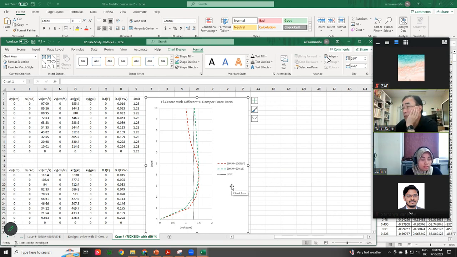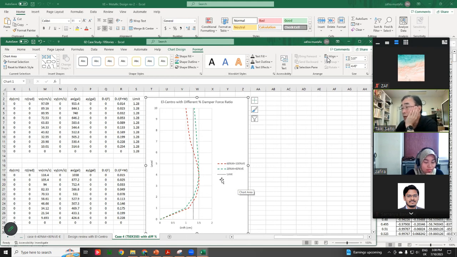So why did you reduce both? I have to maintain 100% viscoelastic and only change the metallic. Why did you reduce both?